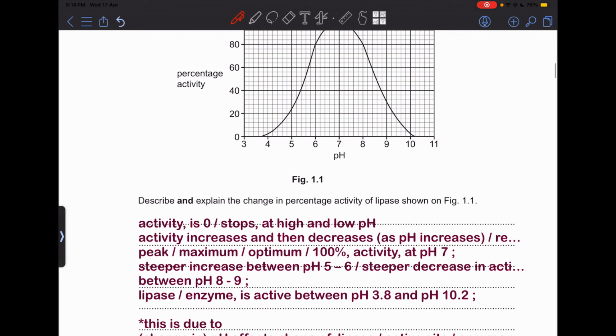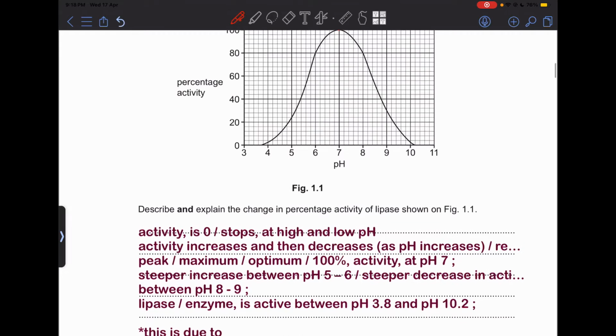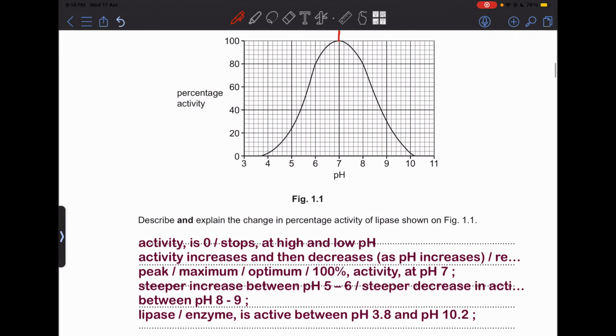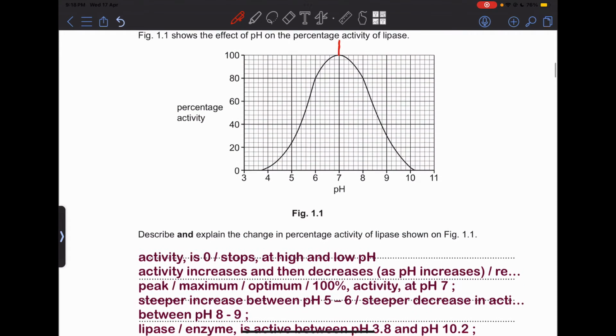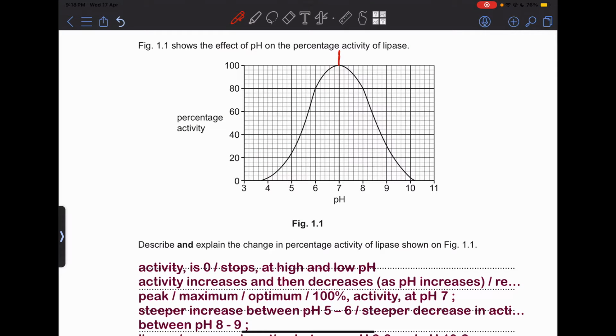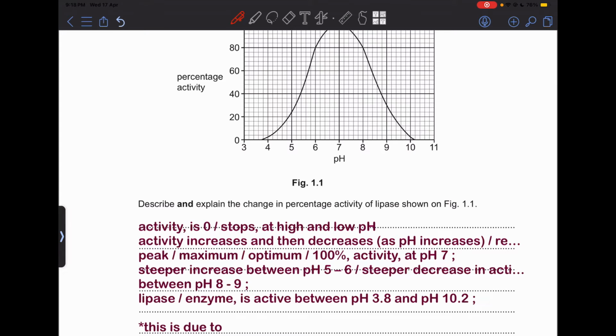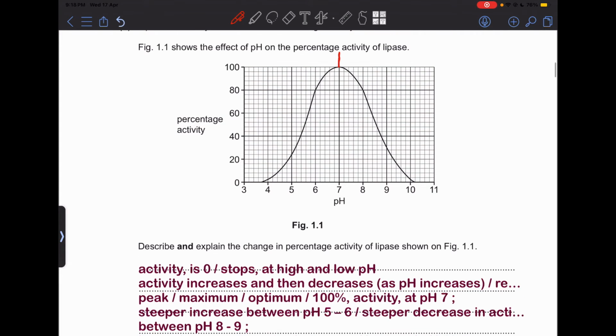This is the first thing you can say. Also you can say that the activity increases and then decreases as the pH increases. You can describe the whole thing as it increases and then it decreases. You have to say that the optimum is at pH 7. As I said, it works in neutral conditions, which is pH 7.